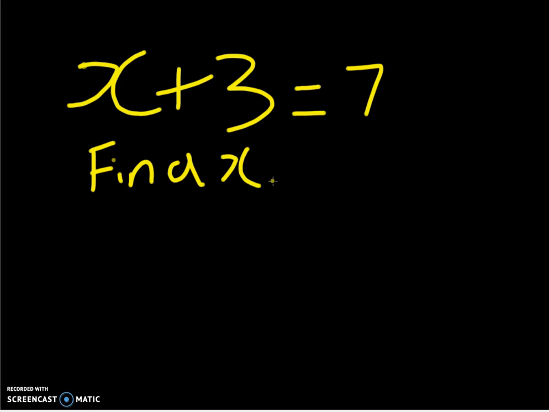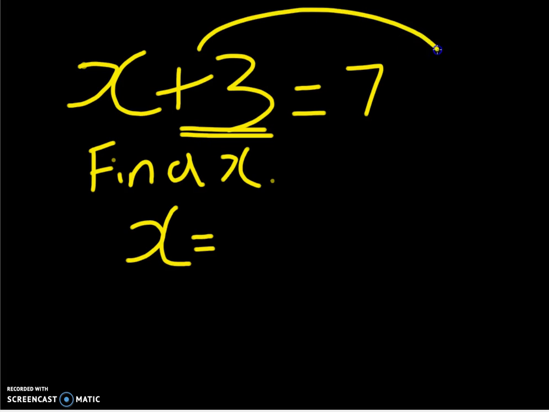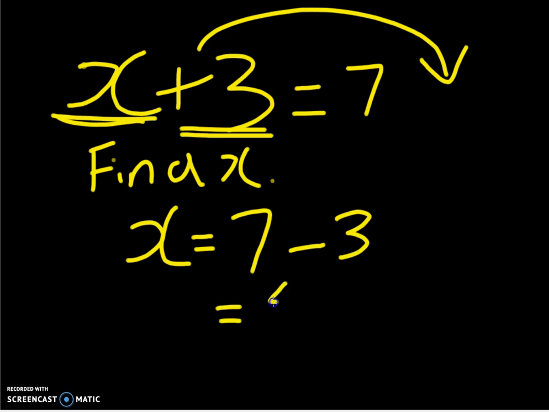Now how are we going to work this out? For step number 1, we keep the x on one side and all the ordinary numbers on the other side of the equal sign. So this x stays in its place and the positive 3 comes to the other side. That gives us a negative 3. 7 minus 3 equals 4.